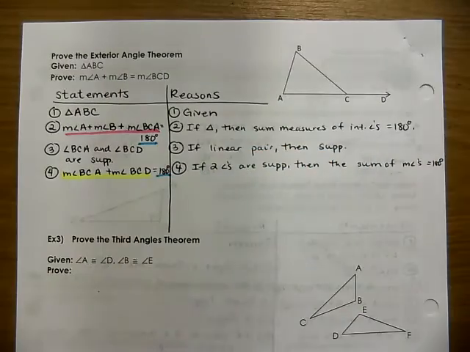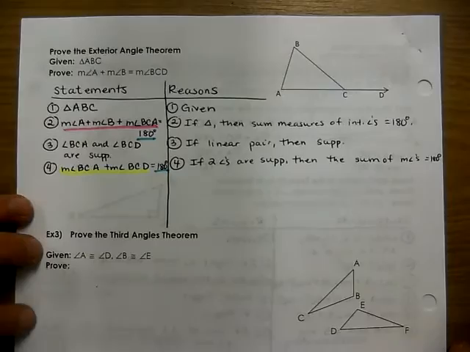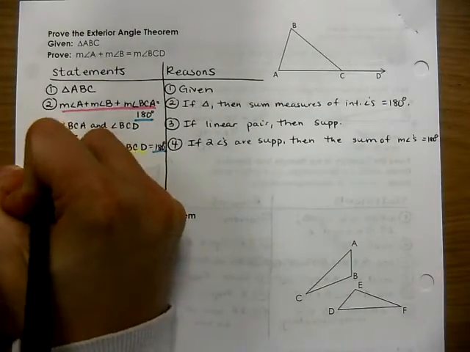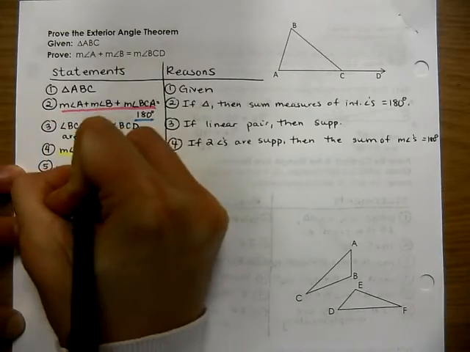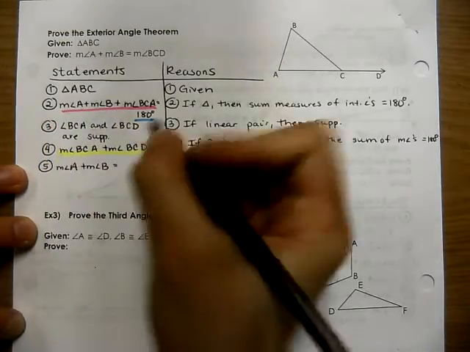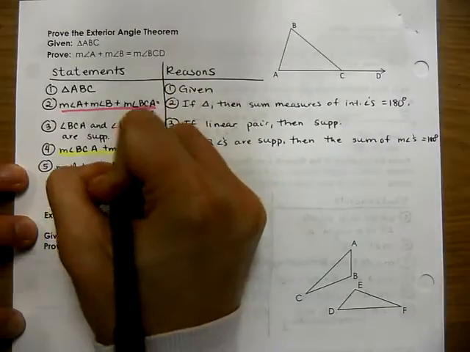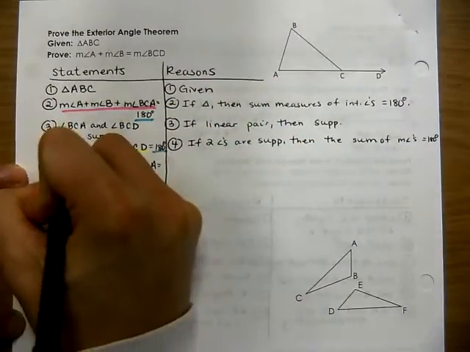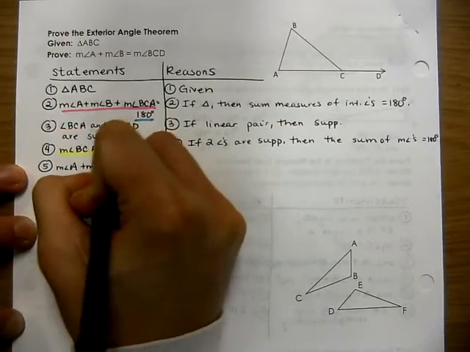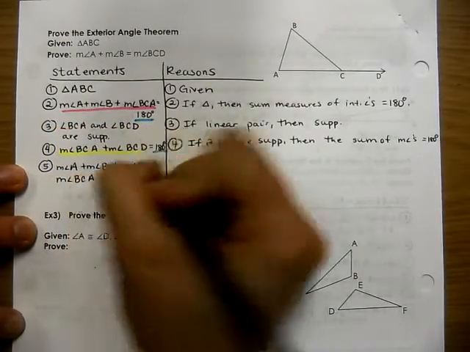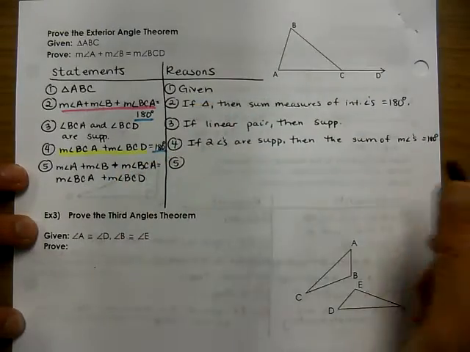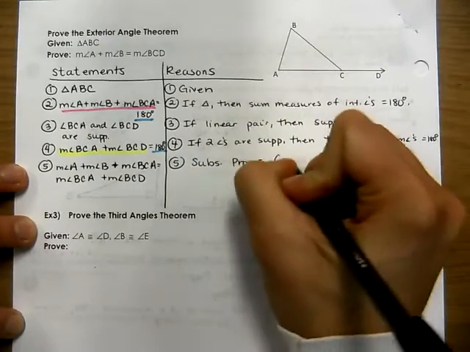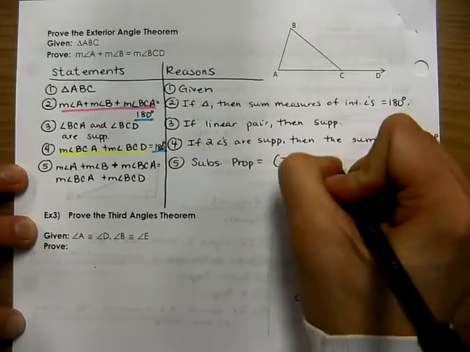So I can use the substitution property of equality or the transitive property of equality, doesn't matter, to say that step 5, measure of angle A plus measure of angle B plus measure of angle BCA is equal to the measure of angle BCA plus measure of angle BCD. And I am so very close to being done. And we said this was the substitution property of equality or the transitive property of equality, either one would work.